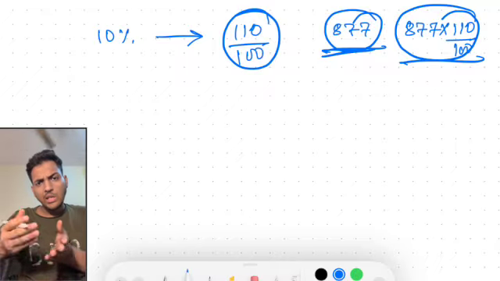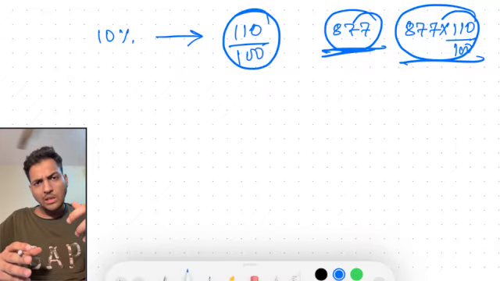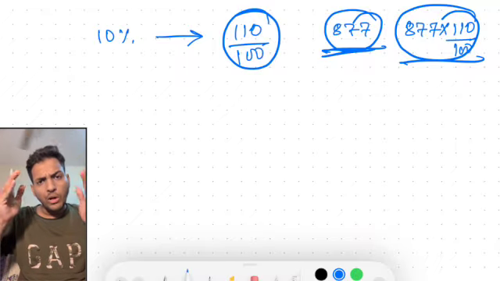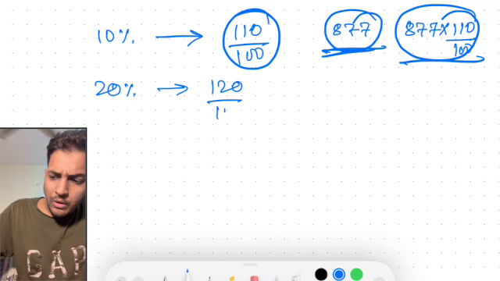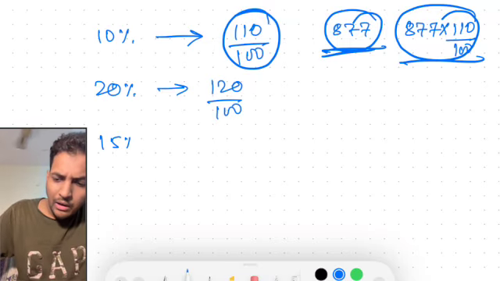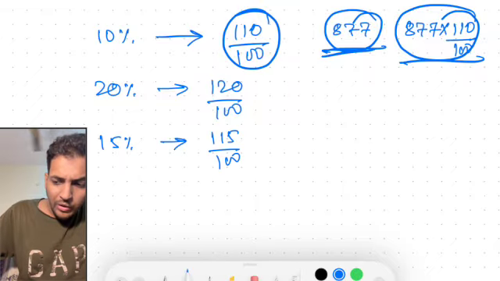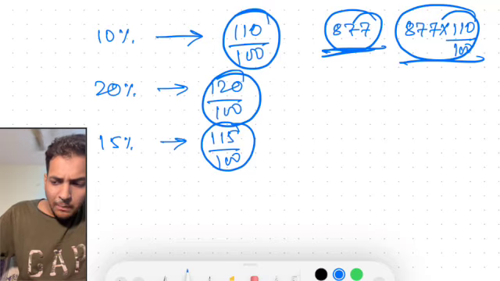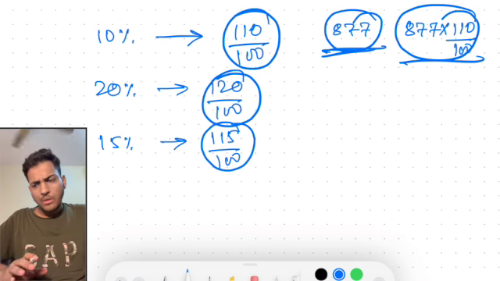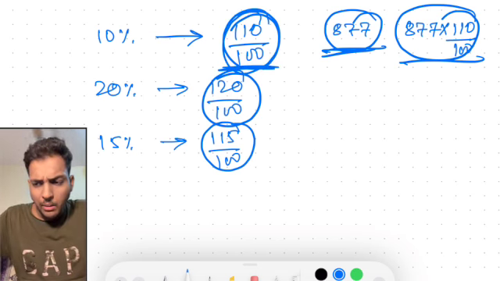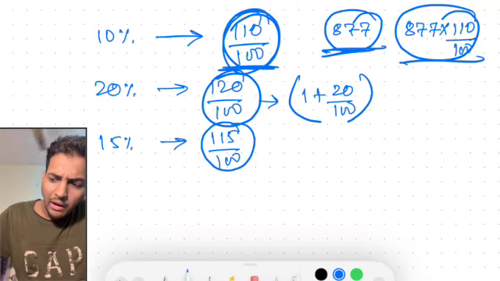If you have to increase the speed, suppose your speed is 80 and you have to increase 20%, you will directly multiply by 120 by 100. 20% increase, what will you do? 120 by 100. 15% increase, what will you do? 115 by 100. Now these numbers are very easy to guess, but you should also remember, if you are not able to understand where it is coming from, this number is nothing but 1 plus 20 by 100.